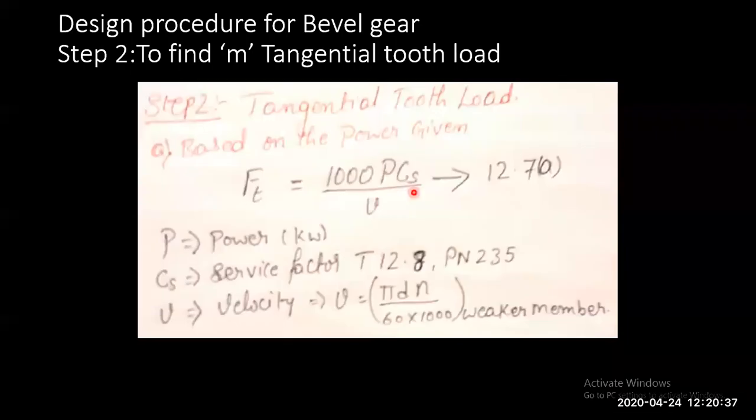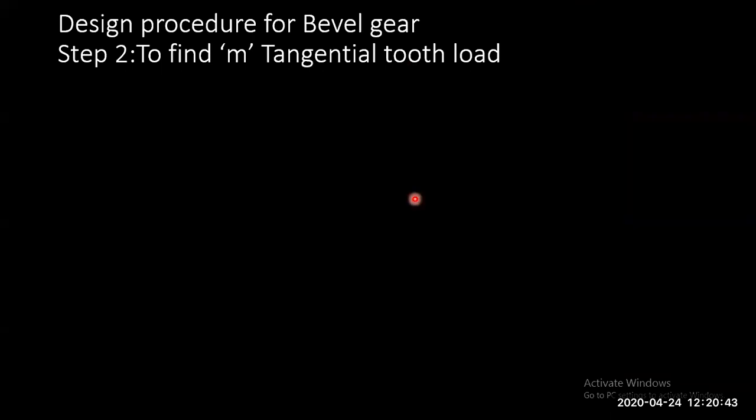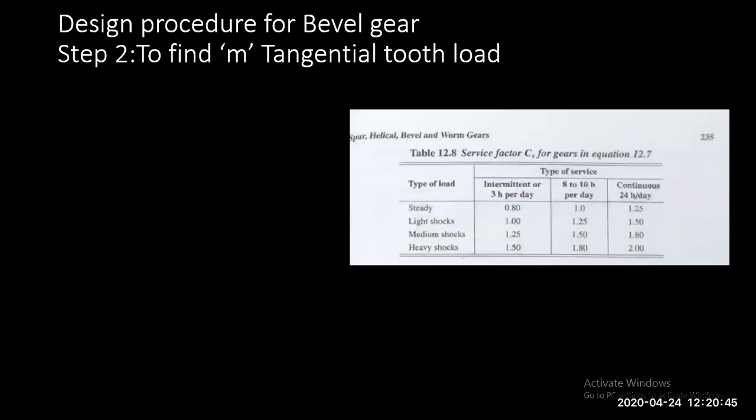So let's go back to the PPT. The type of service is not given, so let's just assume some value here. Let's assume continuous 24 hours per day and medium shocks. This is from table 12.7.